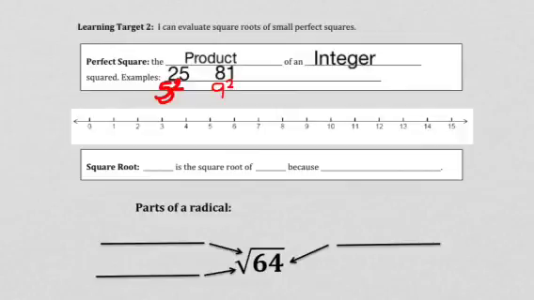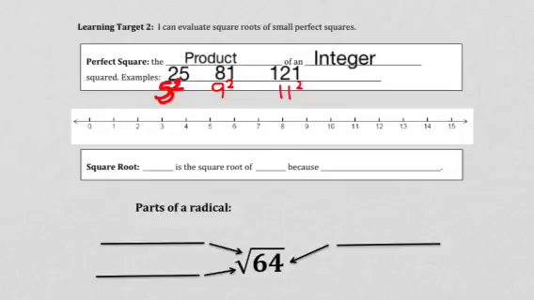Now hopefully you can come up with some on your own. I will do one more. Another example is 121, and that is because 11 times 11 is 121, so 11 squared is 121. So the numbers that I have written in black there, 25, 81, and 121, are perfect squares.